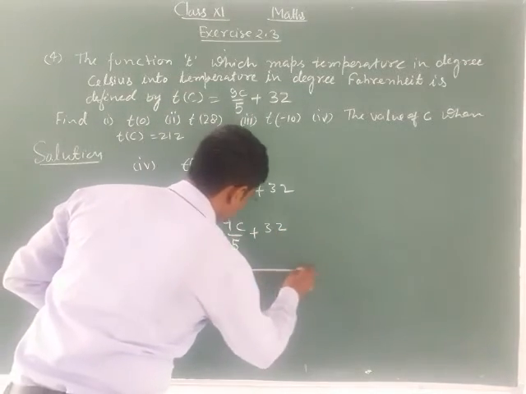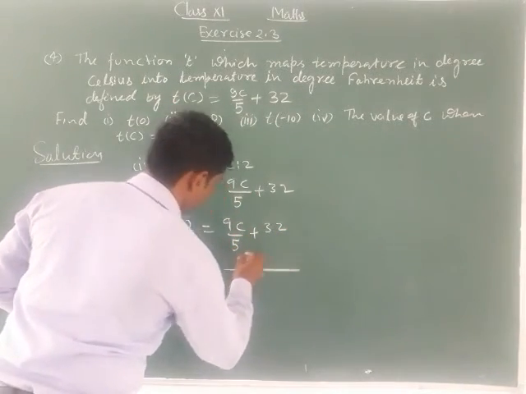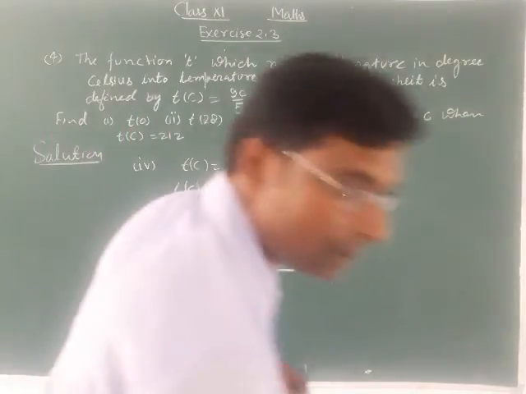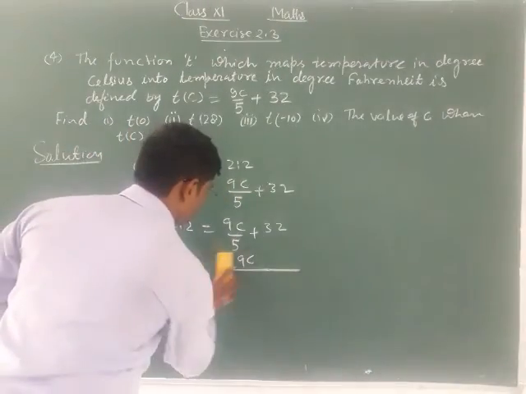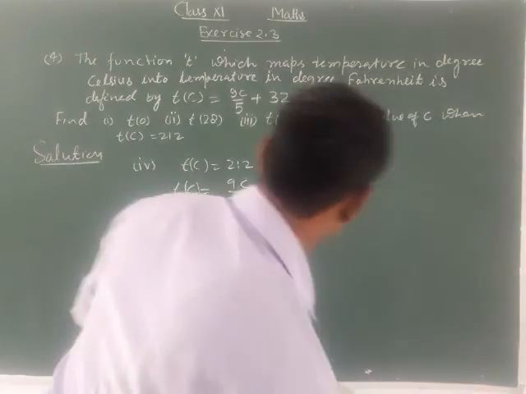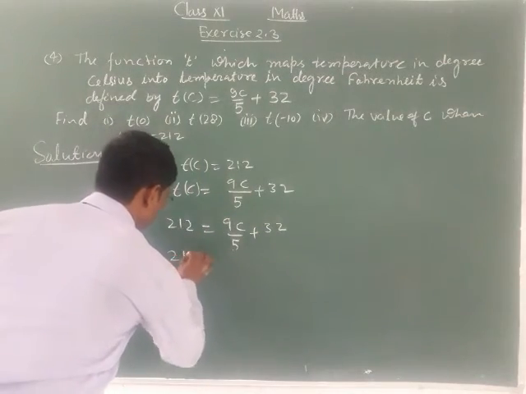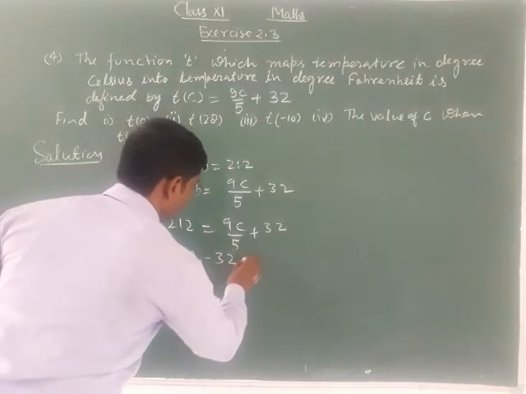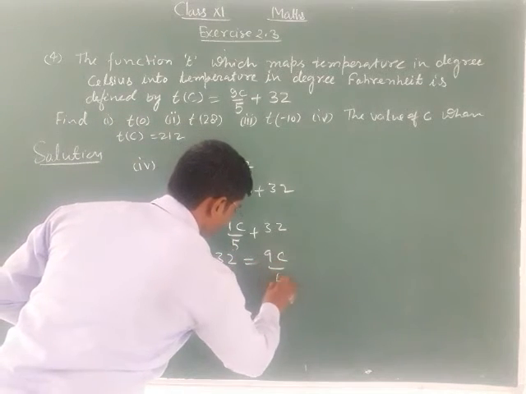Now take the LCM, so 212 minus 32 is equal to 9C/5.